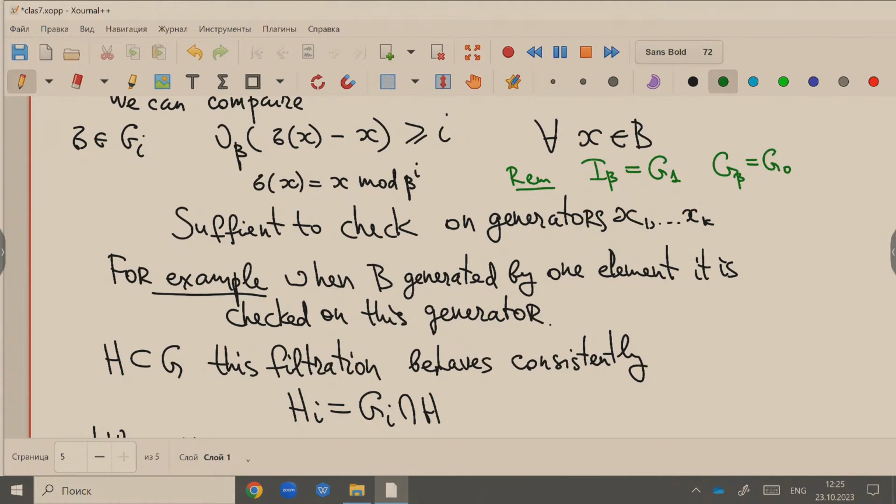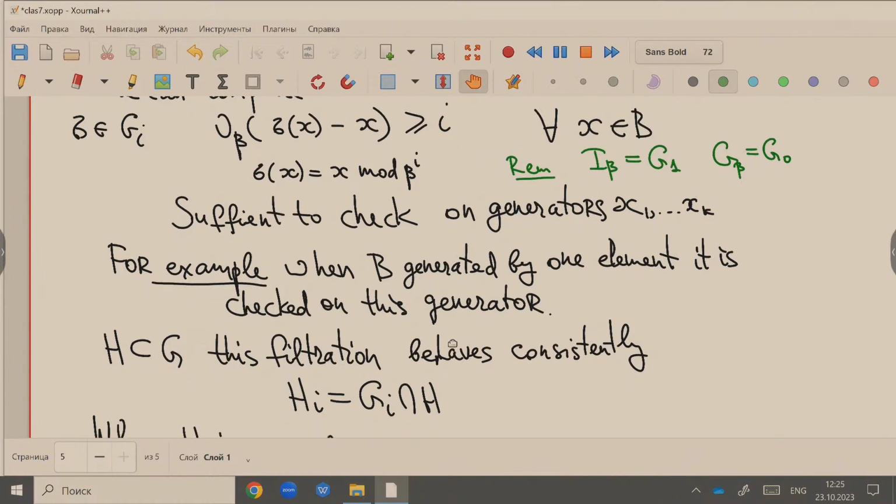at least G beta is a subgroup, but if you think of the further series in G beta, what is good about this filtration?